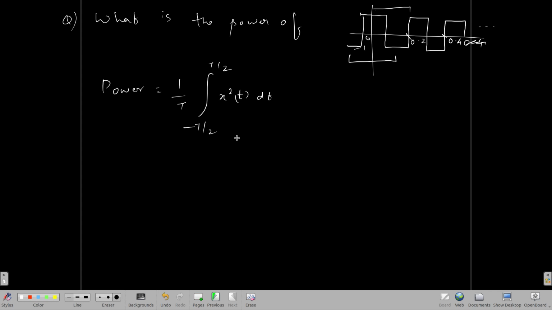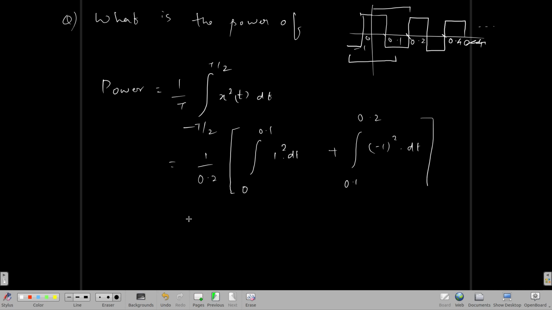So this will be 1 by 0.2 integral 0 to 0.1, because this is 0.1. So I am taking the first half, 0 to 0.1, of 1 squared dt, plus 0.1 to 0.2 of minus 1 squared dt. Let's say it is minus 1.